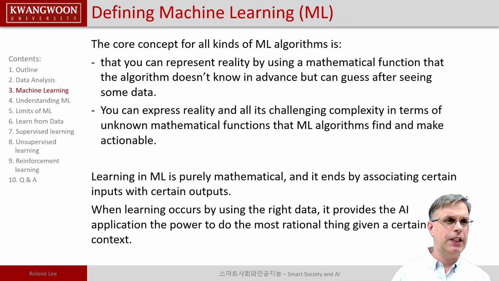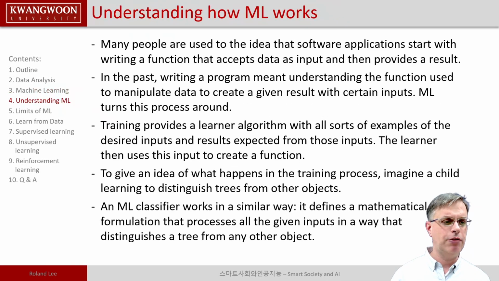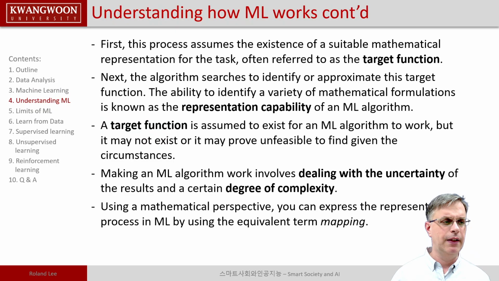And then we continued with defining machine learning, and we have talked about the target function. The process assumes the existence of a suitable mathematical representation for a task, often referred to as the target function, and the representation capability we talked about, and the target function itself again.